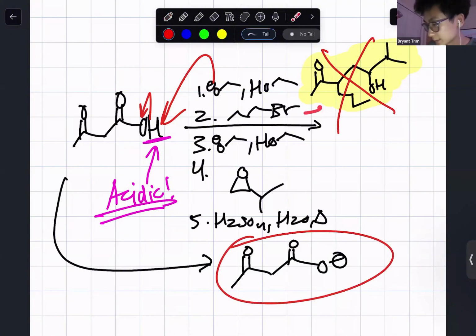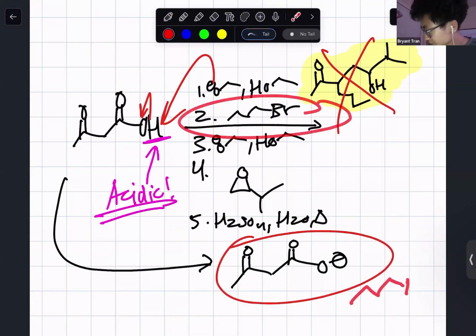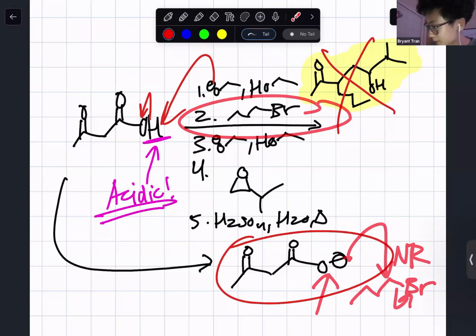And then when you try to bring in the second step, no reaction. There's no strong nucleophile here. Why is this O- not a strong nucleophile? Like, why can this O- here attack this carbon and kick out the bromine right there?